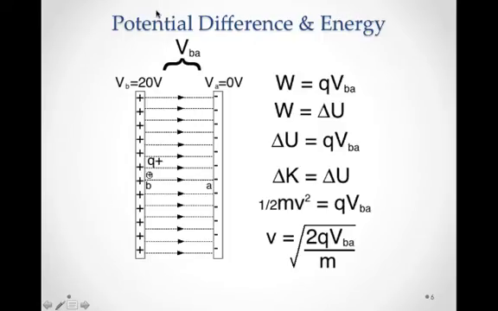Now we have a concept of potential difference and energy. To understand the idea of potential difference, it's quite simply the difference in potential. If we have a charged plate on this side that's positively charged, and we have another charged plate over here which is negatively charged, then there's a difference in potential between these charged plates.